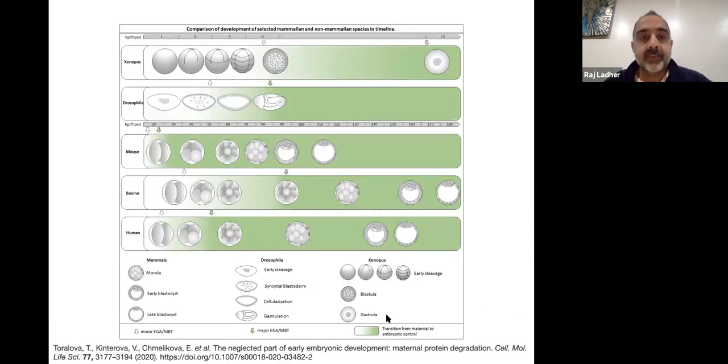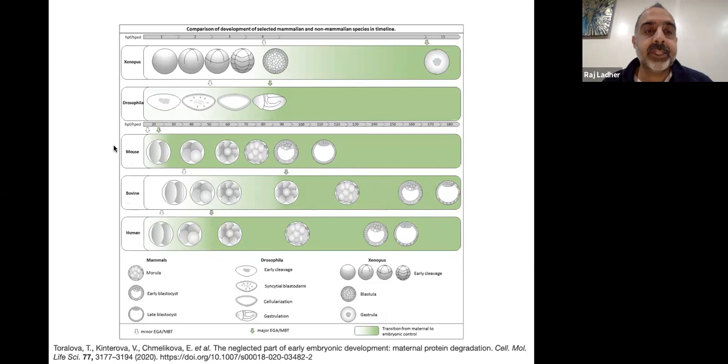And so this chart is really nice. It compares some of the major landmarks that happen in early development. And so, like I said, I only want to talk about the earliest developmental stages. So up here we have Xenopus, we've got Drosophila, mouse, cow, human, okay?